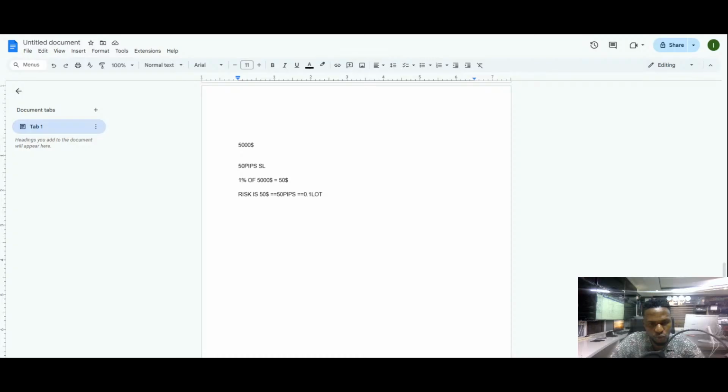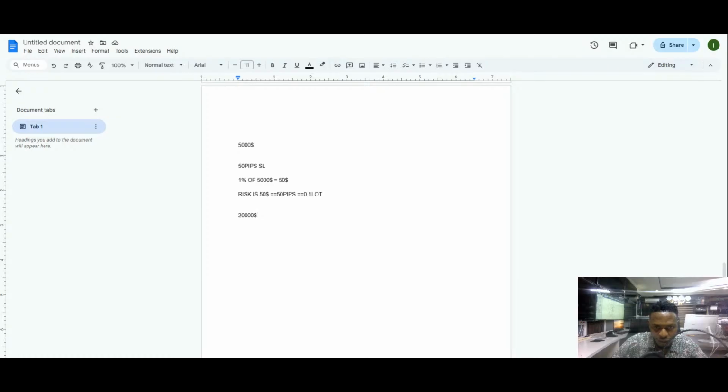Since 1% is what you want to risk, let's assume now the account is $20,000, 20K dollars. That means you are multiplying 5K by 4 to give 20K.